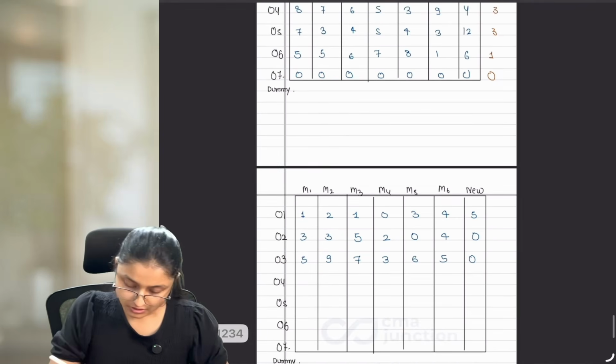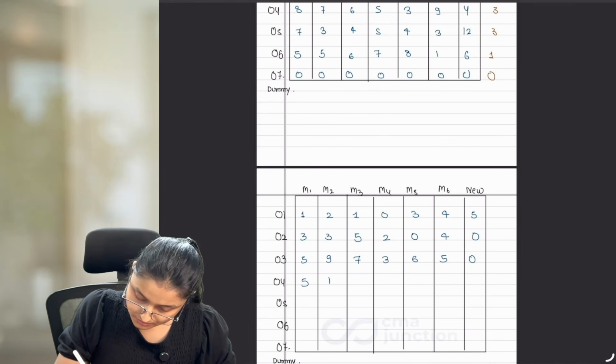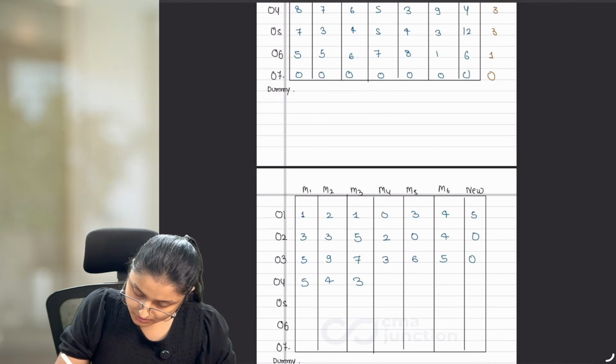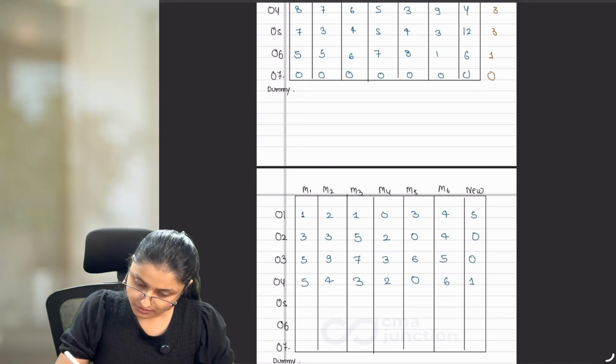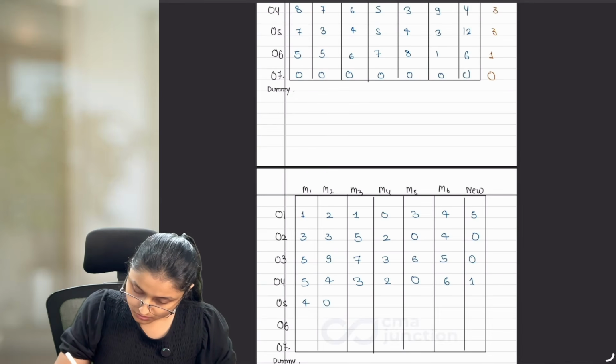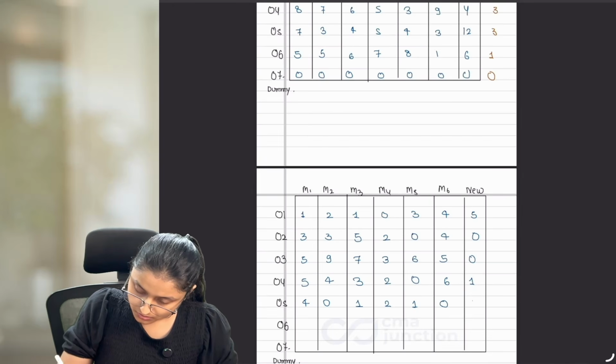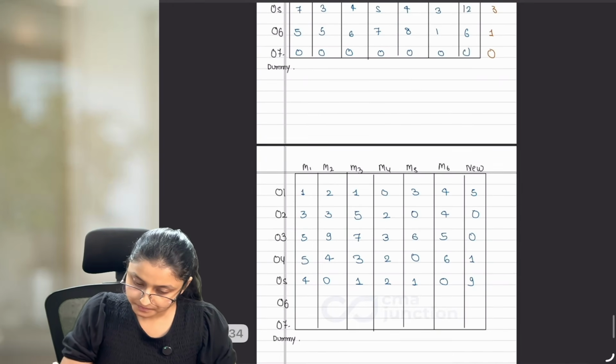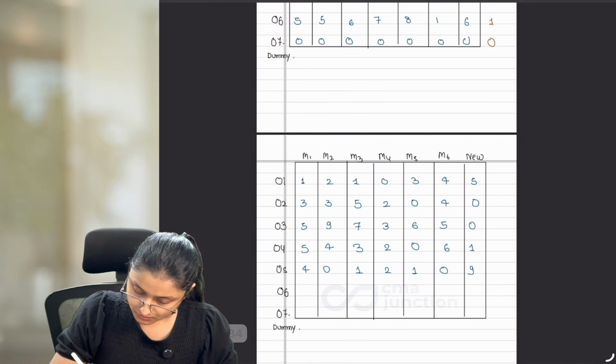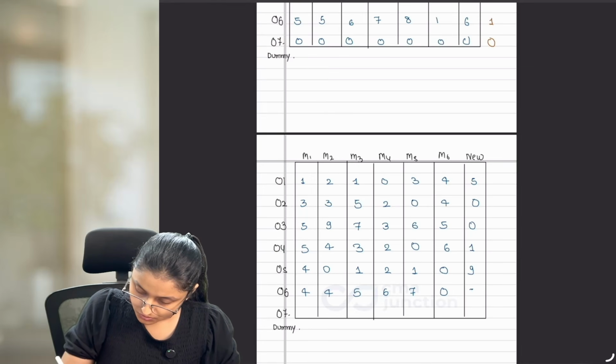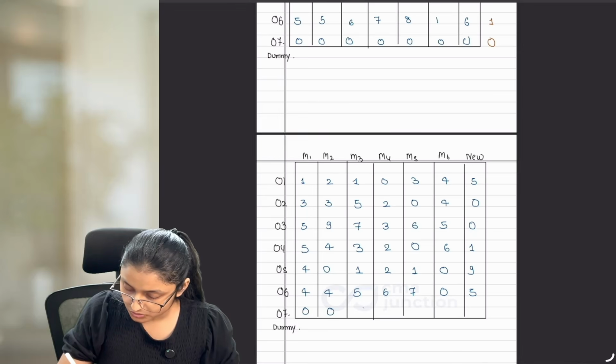Next 8 minus 3 is 5, 7 minus 3 is 4, 6 minus 3 is 3, 5 minus 3 is 2, then 3 minus 3 is 0, 9 minus 3 is 6, 4 minus 3 is 1. 4, 0, 1, 2, 1, 0, 9. 12 minus 3 is 9. Next 5 minus 1, 4, 4, 5, 6, 7, 0, 5 and the last is 0, so everything will remain 0.